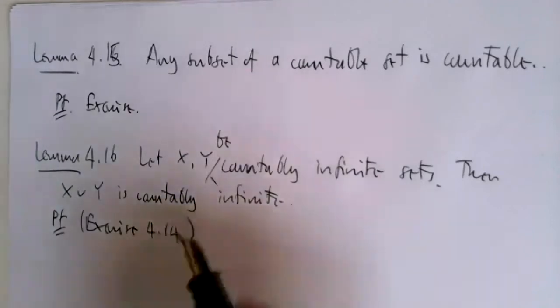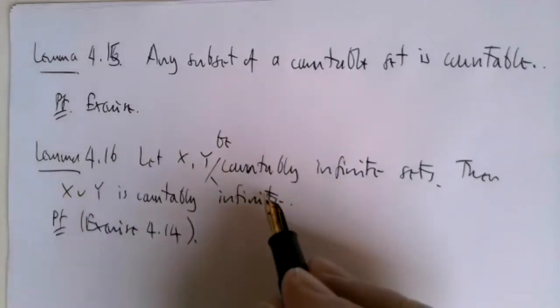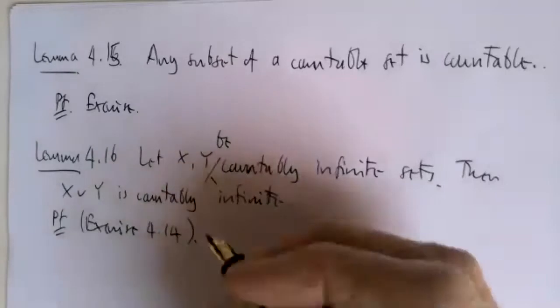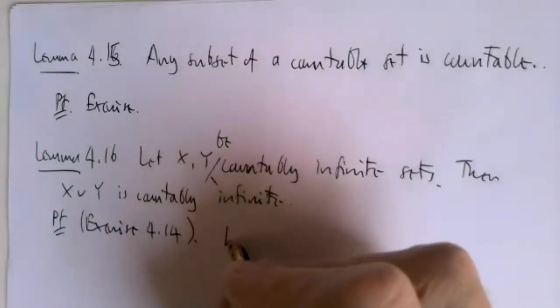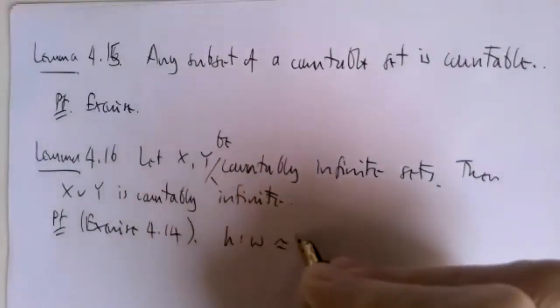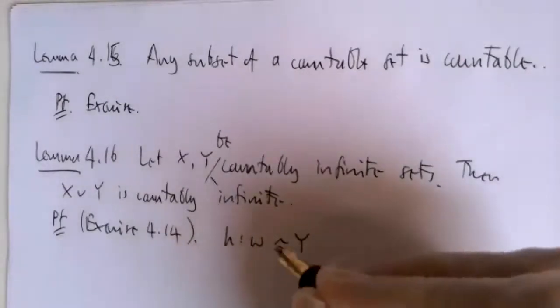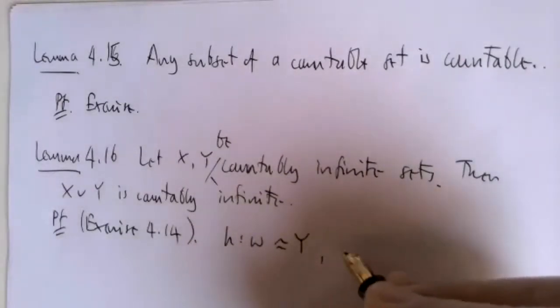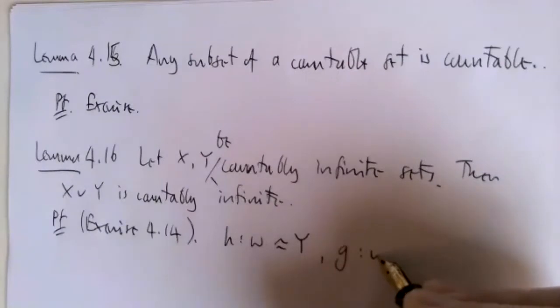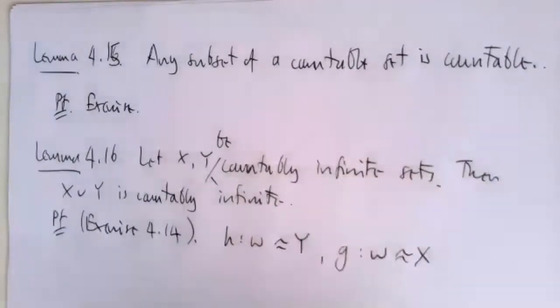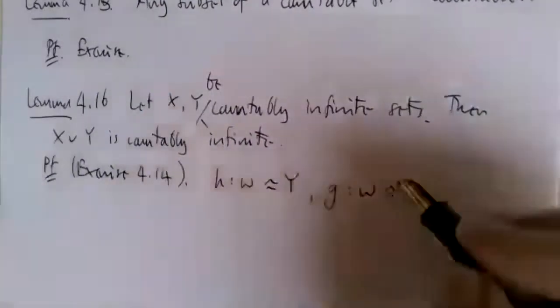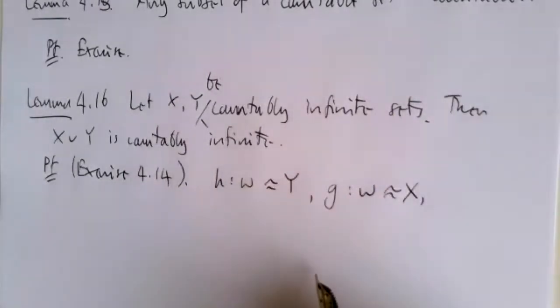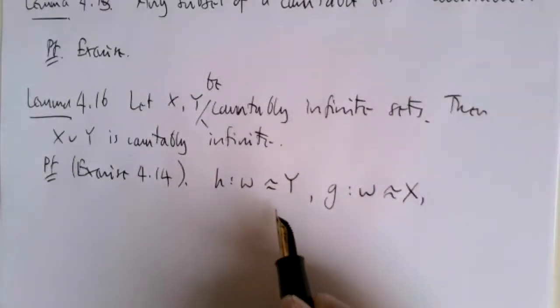So now you just have to think about what it means here, right? To say that x and y are countably infinite means you've got h, a bijection between omega and y, and g, a bijection between omega and x, and you need to design a bijection between omega and x union y.